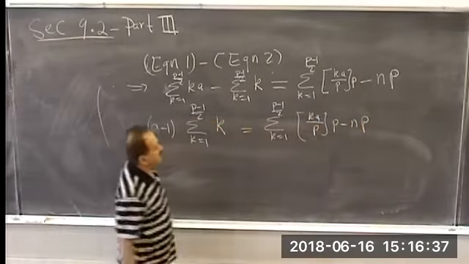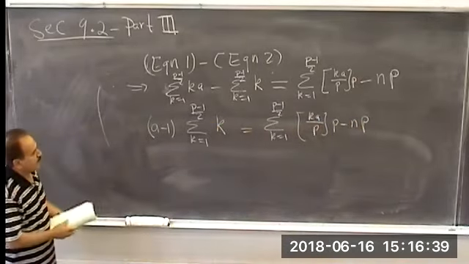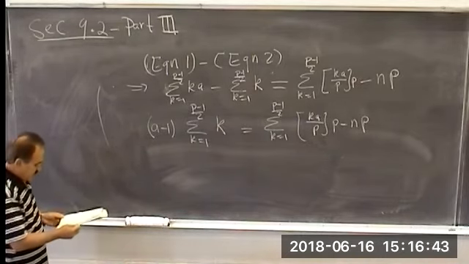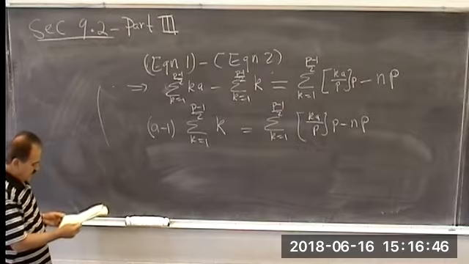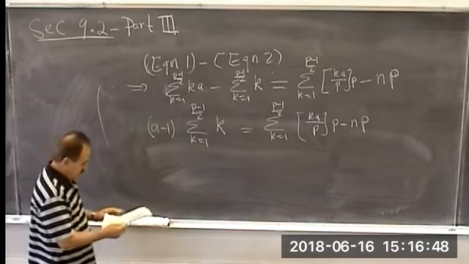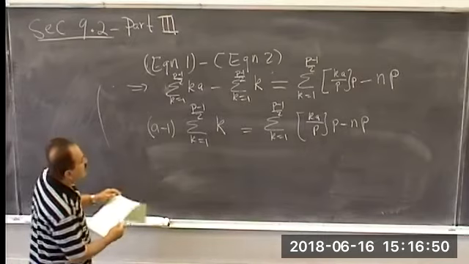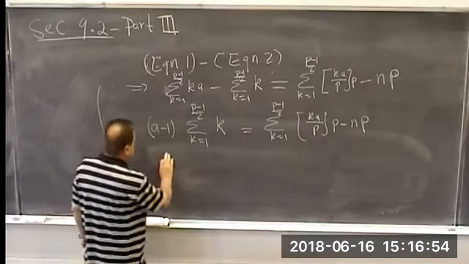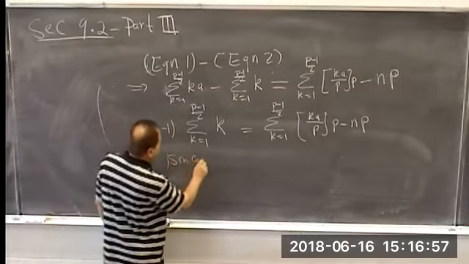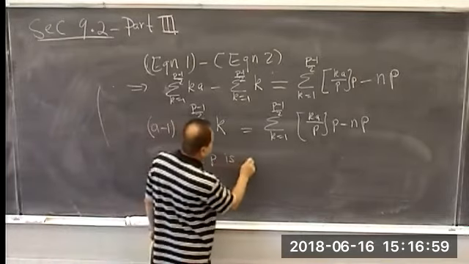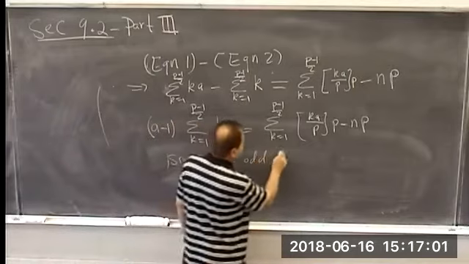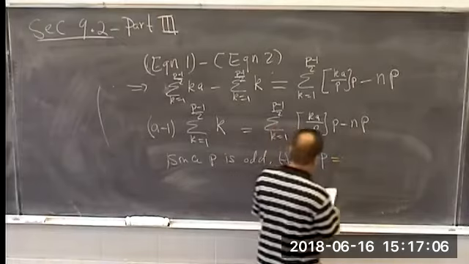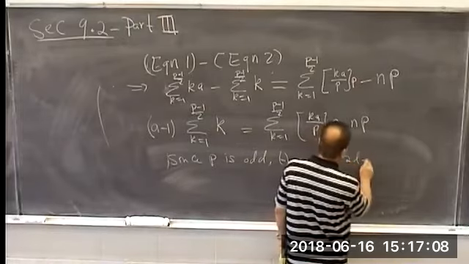Now we're going to look at what p looks like. Now, since p is odd, p is going to be equal to l plus 1.